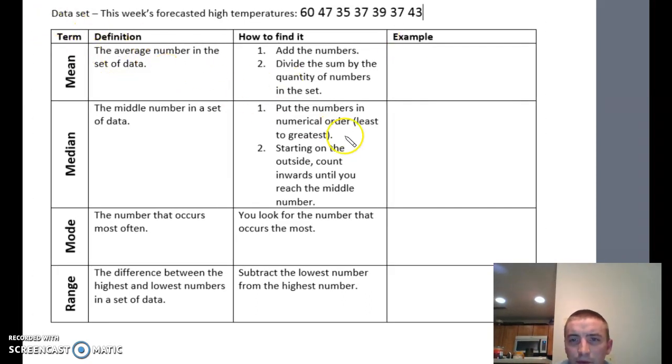Okay, here we go. So, I'm going to order my numbers from least to greatest. And I would just cross them off as I go. 37. Oh, there's 237, so we have to write both of them down.